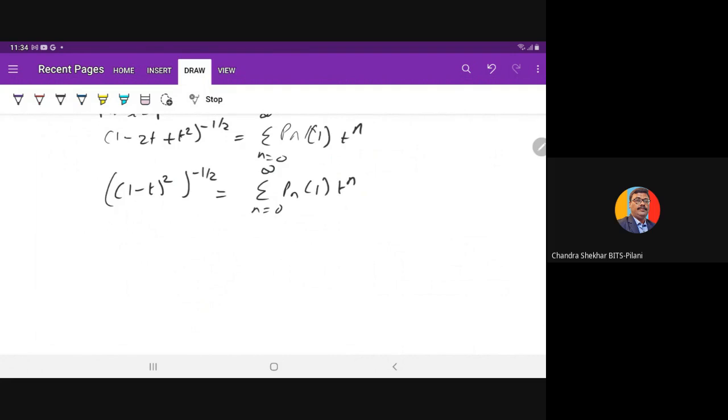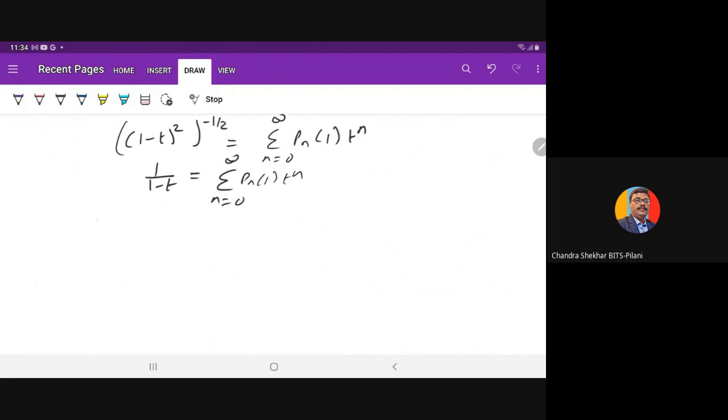Now this left hand side is equal to 1 upon 1 minus t, that is, 1 upon (1 minus t) is equal to summation n is equal to 0 to infinity Pn(1) t to power n, and this left hand side can be written as 1 plus t plus t square plus ... t to power n plus so on, is equal to summation n is equal to 0 to infinity Pn(1) t to power n.